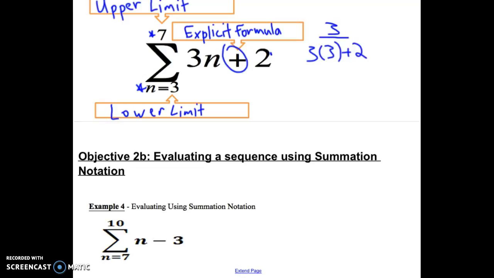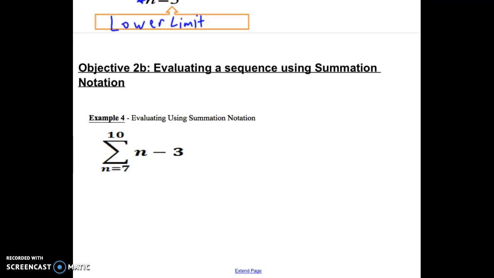So let's move down to Objective 2B then. Actually evaluating the sequence, or doing the math to find the sum of a specific sequence. Now, the first step, like usually, is decide, is it arithmetic or geometric? In order to do that when written in sigma format, or summation format with the sign of sigma, you need to be able to just look at the explicit formula.